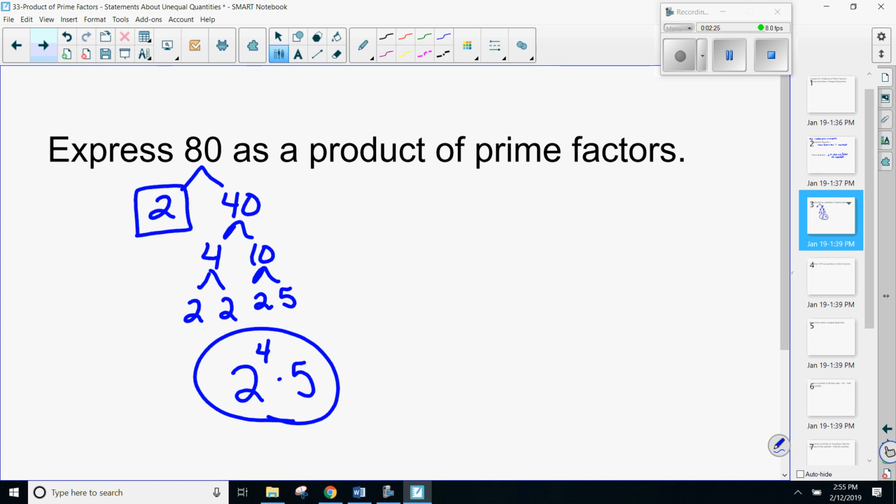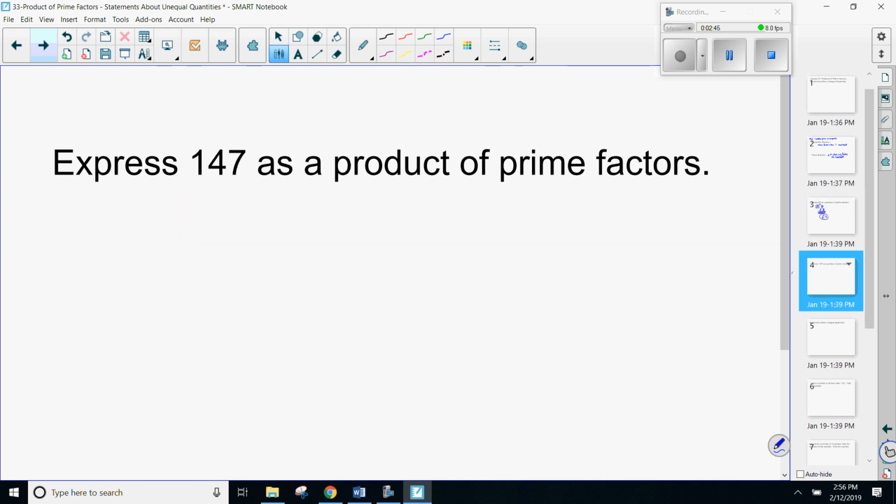Yep. If you do the cake, that's fine. I just don't always like doing the cake because the only thing you can divide by is your prime numbers. And to me, 80, I see it as 8 and 10, 2 and 4. There are lots of different ways you can look at 80 besides just sitting there looking at prime numbers.